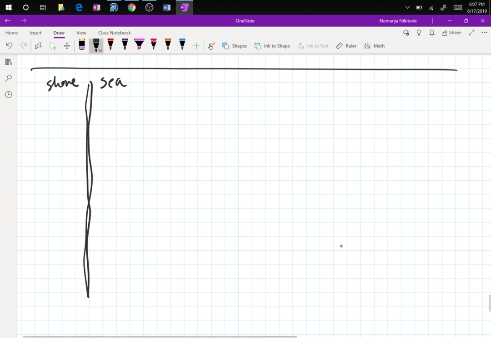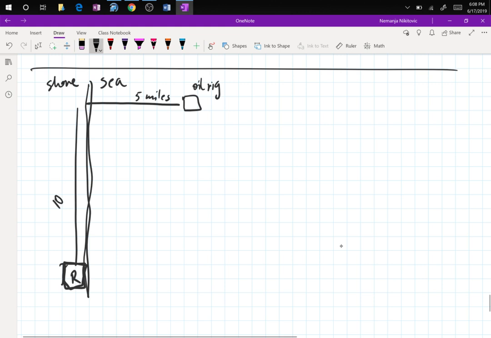Now, what I'm going to have is an oil rig. Let's say that oil rig is 5 miles away from the shore. And then we're going to have a big refinery, factory on the shore. There's going to be a vertical distance of, let's say, 10 miles.